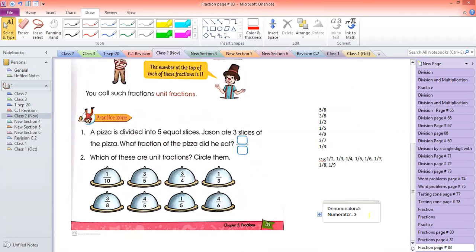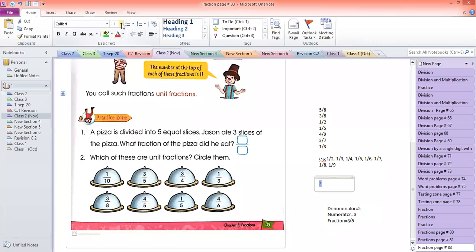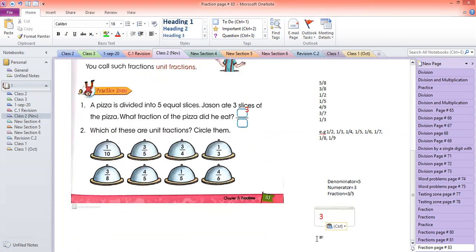So how will you write its fraction? For a fraction, you write the numerator first. How much did he eat? He ate 3 out of what? Out of the total equal parts, which are 5. The answer will be 3 out of 5. You will write 3 up, and 5 down. 3 out of 5.